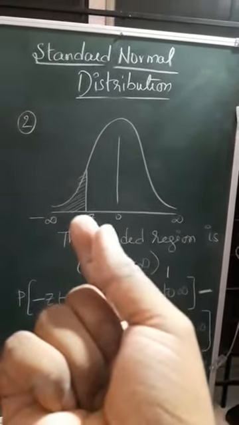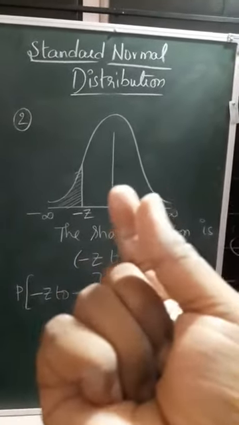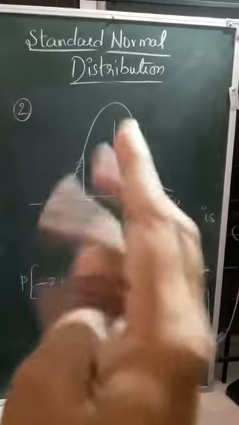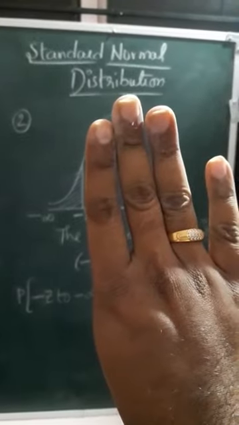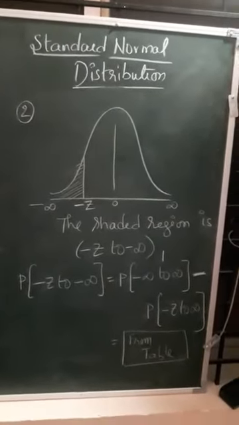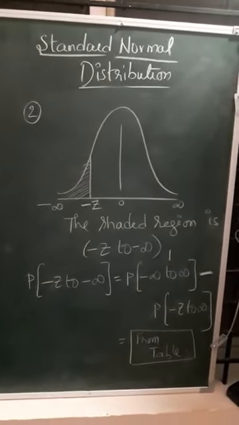But we don't have minus z to minus infinity. We always have minus z to plus infinity and plus z to infinity. That is the reason from the total I have removed this area. Clear? Then if you remove this area, you will get only the shaded region, right? So this is how the second type of curve we can observe in problems.